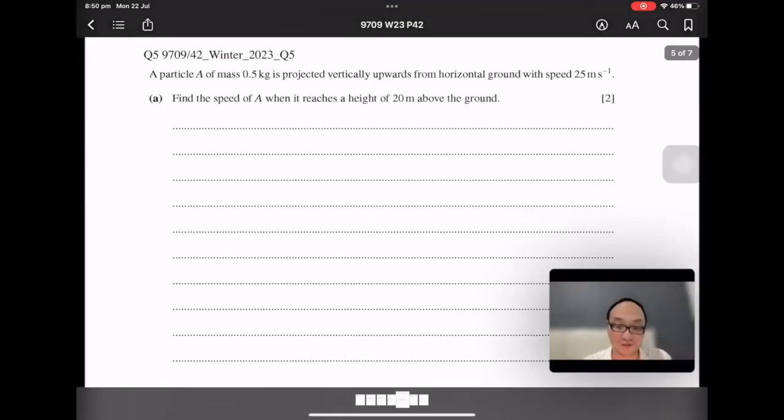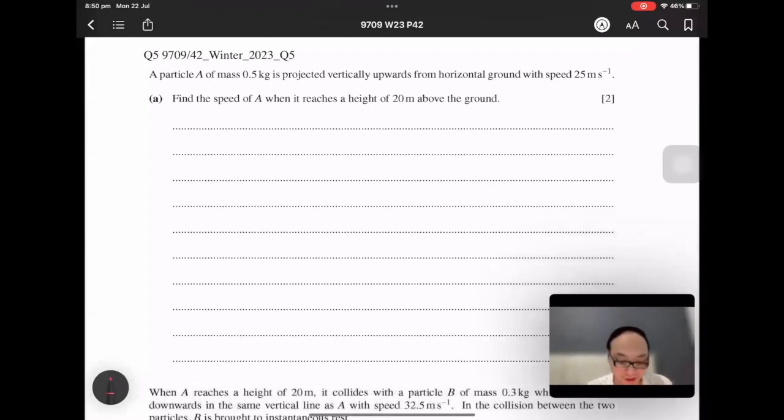Question 5. A particle A of mass 0.5 kilograms is projected vertically upwards from horizontal ground with speed 25. Find the speed of A when it reaches a height of 20 meters above the ground. So we can find it using the formula v squared equals u squared plus 2as.